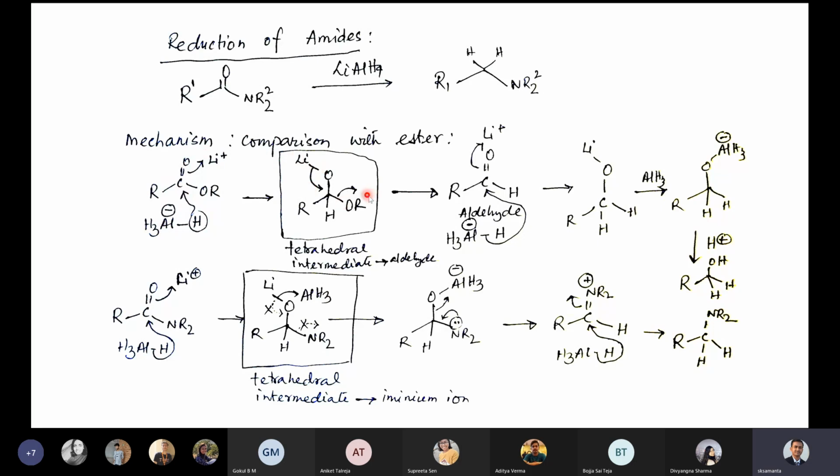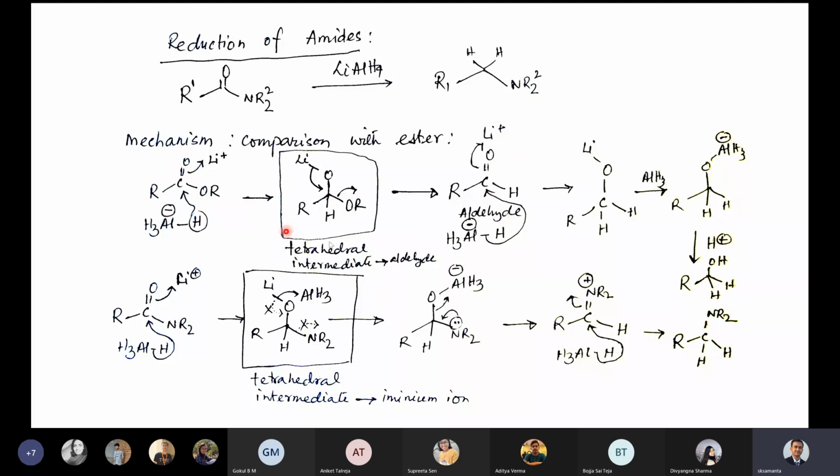Here we have not shown that part, but it is eventually the same. It goes by a tetrahedral intermediate to form the aldehyde.